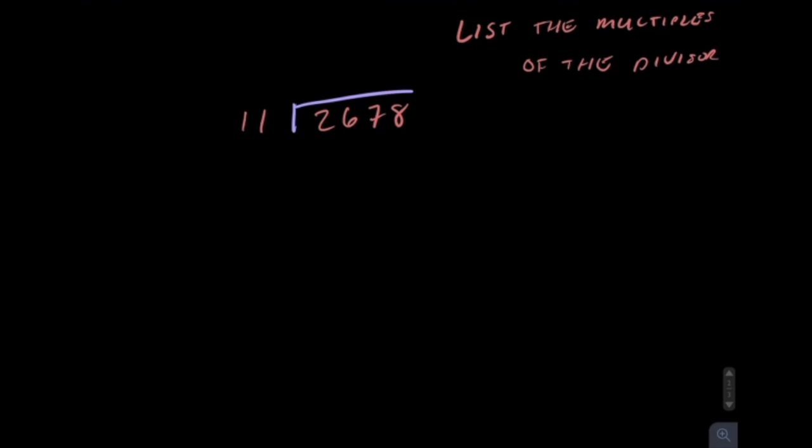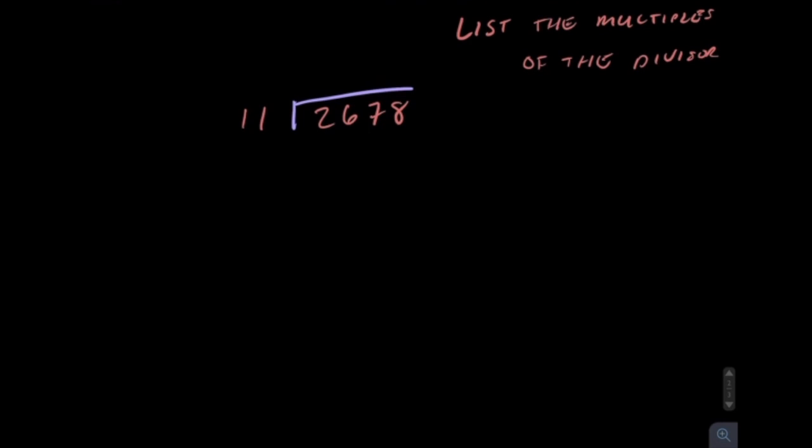They got to list out the multiples of their divisor. And this is good practice for the students to do. Just keep working with arithmetic with numbers. So they take their divisor of 11, and this one will be easy for them. They do 11, 22, 33, 44, 55, 66, 77, 88, 99. They do 9 multiples of the divisor.